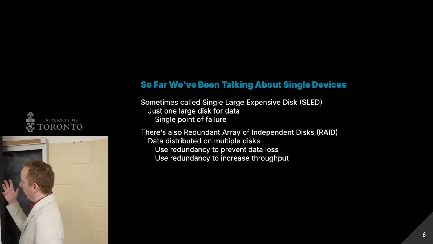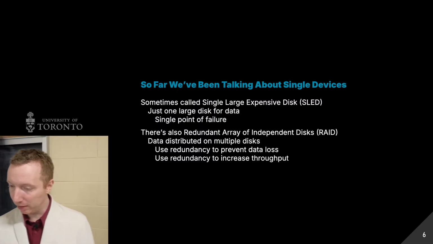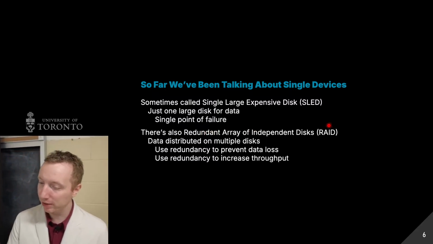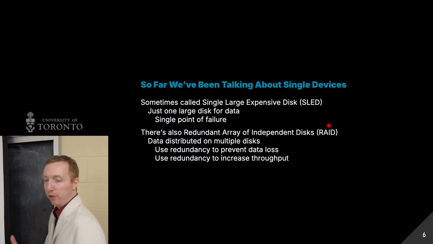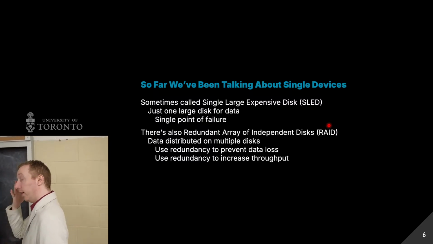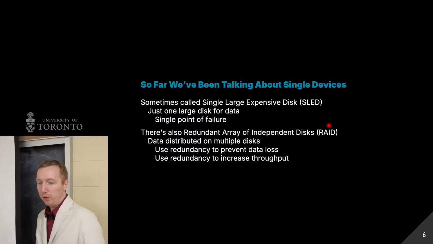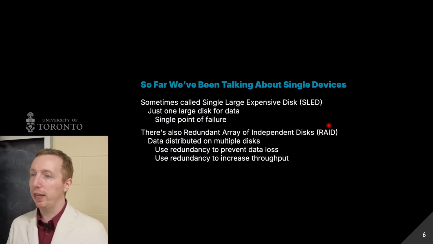Some people do not like the option of crying. So in data centers, people will use something called RAID, or redundant array of independent disks. This is the idea of buying multiple disks and distributing the data across multiple physical disks. And we can use it one of two ways. We can use redundancy, which is having multiple copies of something to prevent data loss.